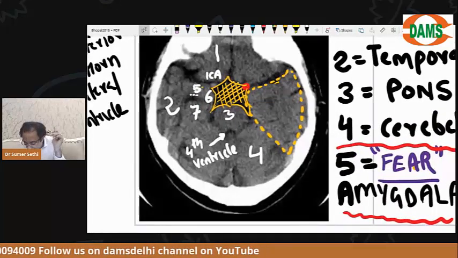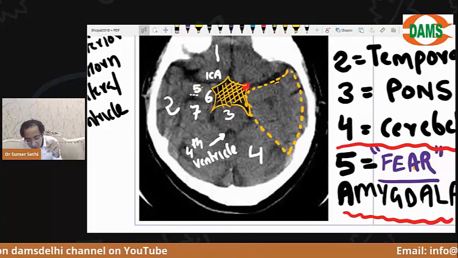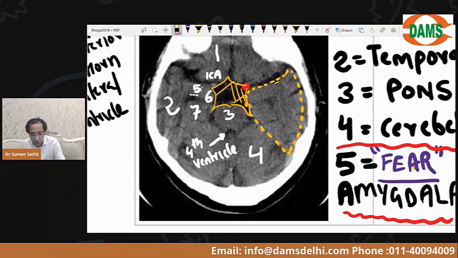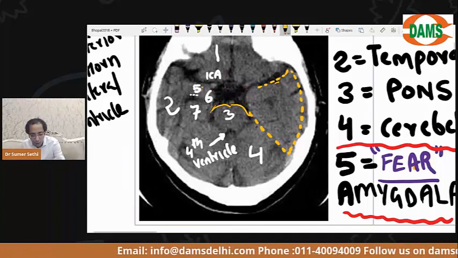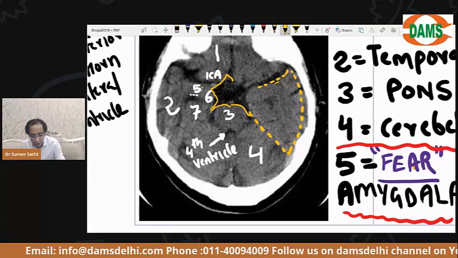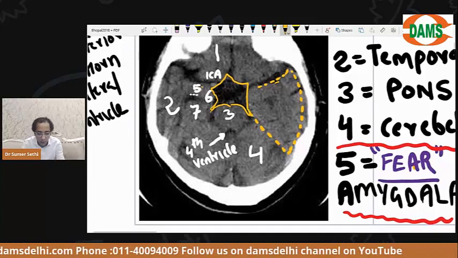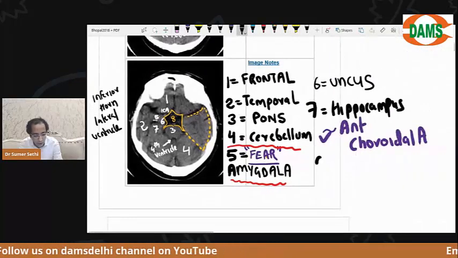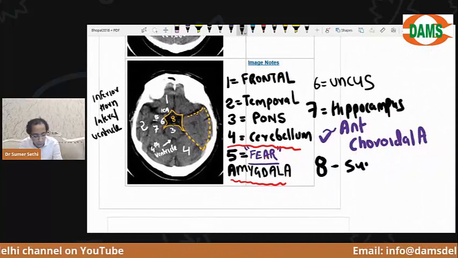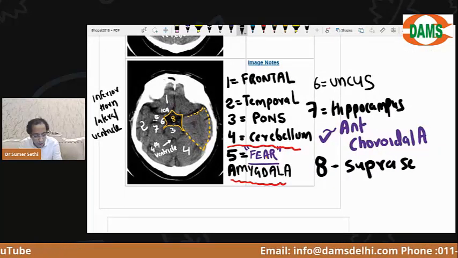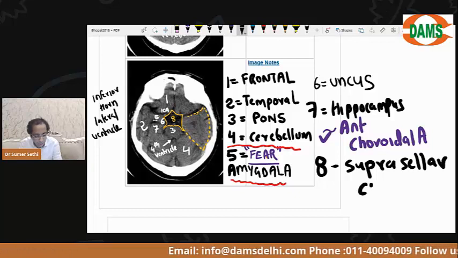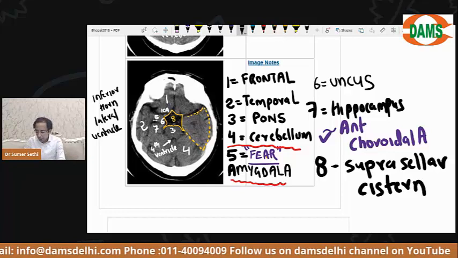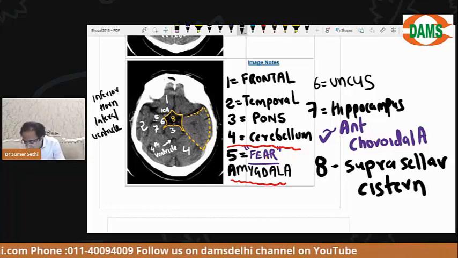Can you see a CSF space that I have shaded, which is star-shaped, anterior to the pons and posterior to the frontal lobe? This area I am now labeling as number 8 is called the suprasellar cistern. Number 8 is your suprasellar cistern.